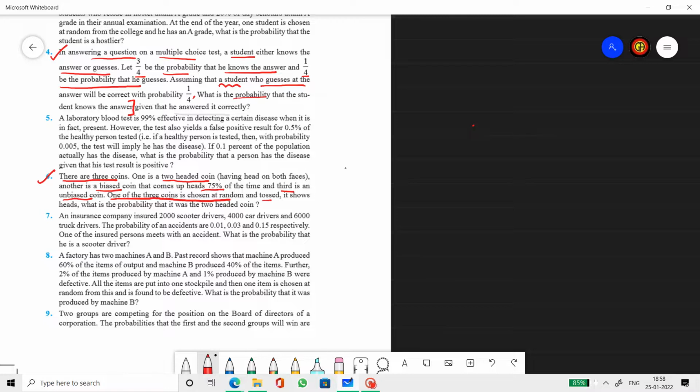It is tossed. It shows that it is a head. So what is the probability of getting head first? The head can come from the two-headed coin, the head can come from the biased coin, or head can come from the normal unbiased coin. So here also, let E1 be selecting the two-headed coin.